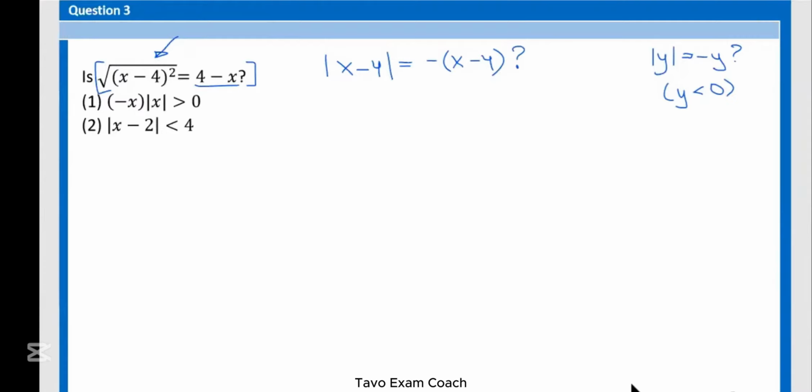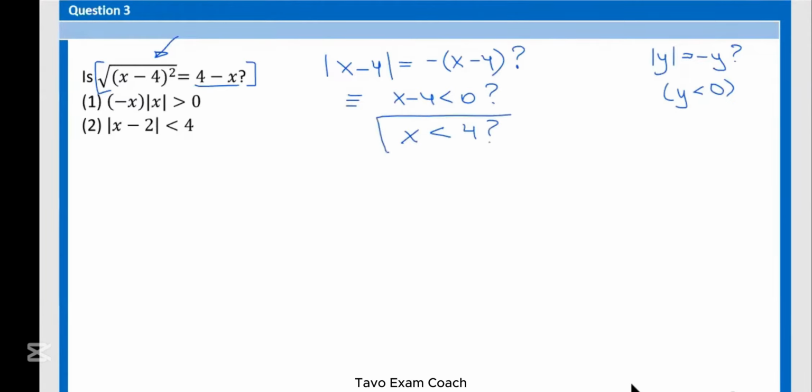So here, likewise, to ask whether the absolute value of x minus 4 is the additive inverse of x minus 4 is equivalent to asking if x minus 4 is a negative number. Or in other words, more simply said, if x is less than 4.